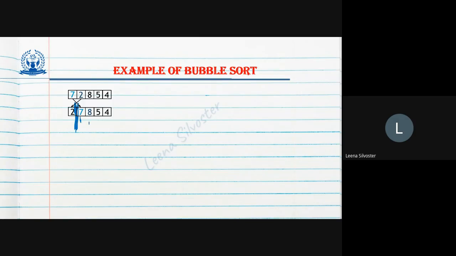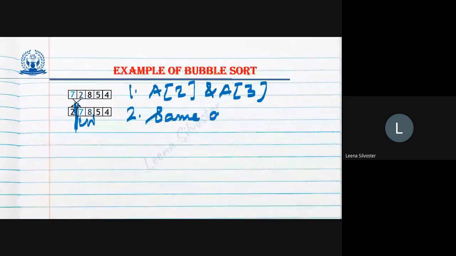Then we have to compare this 7 and 8, that is, A2 and A3. First step is comparing. Second step, we have to check whether it is in the same order. Same order means is it in ascending order? That is the question.